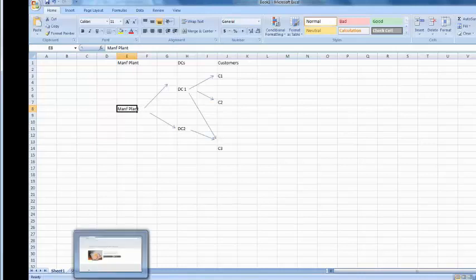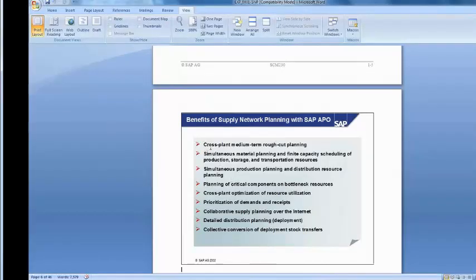This is what is meant by cross-plant medium-term rough-cut planning. Why is it called medium-term? Because the horizon we use is not big. It is usually smaller than the demand planning horizon, and the granularity is also smaller than in demand planning.